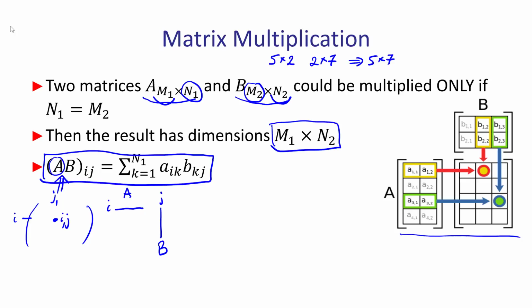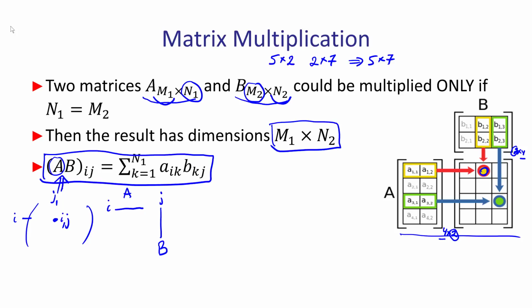Here is one theoretical example of how it works. For example, your matrix A is 4 by 2 and your matrix B is 2 by 4. So the result will be 4 by 4, and you can multiply them because the 2 here equals the 2 here.